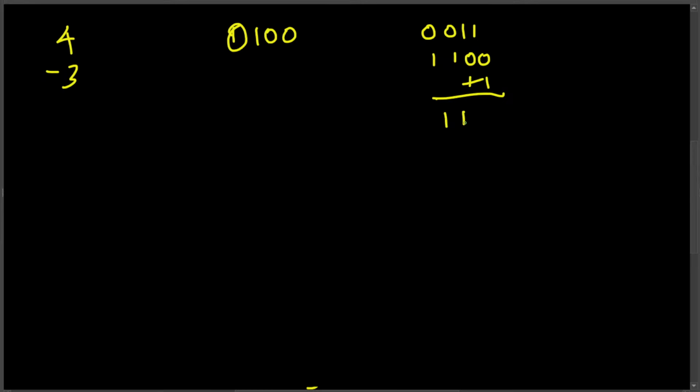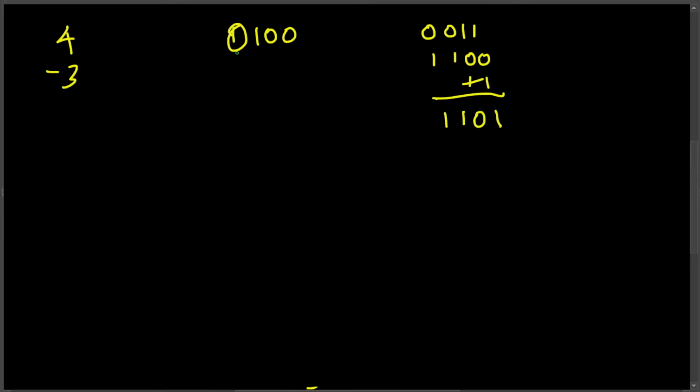So let's say we have a 4 and a -3. 4 is 0, 1, 0, 0, and 3 is 0, 0, 1, 1. And since this is a -3, I have to convert this one into a 2's complement. So this is 1, 1, 0, 0 plus 1 to this. This is 1, 1, 0, 1.